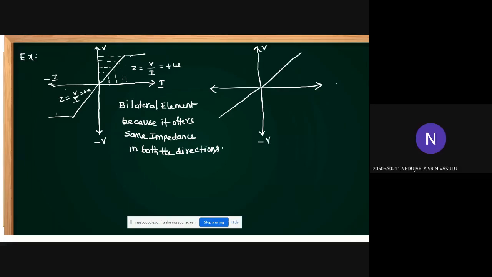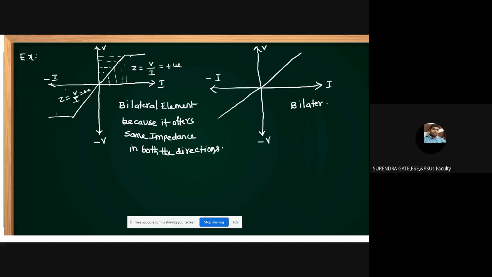That's why it is bilateral. For example, if the characteristics are given like this, can you identify whether it is unilateral or bilateral? Bilateral. It is also bilateral.